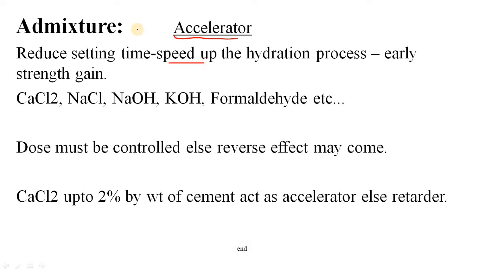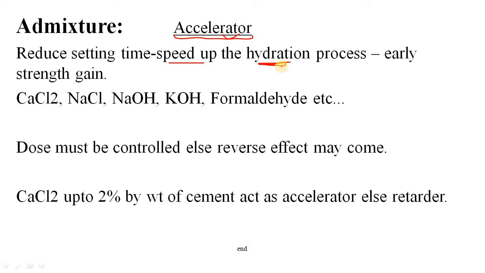So in those cases you add an accelerator type of admixture. They will simply speed up the hydration process. In normal cases maybe the hydration process takes say 1 hour, but after addition of this accelerator type of admixture, it will be done within say 20 minutes, for example.